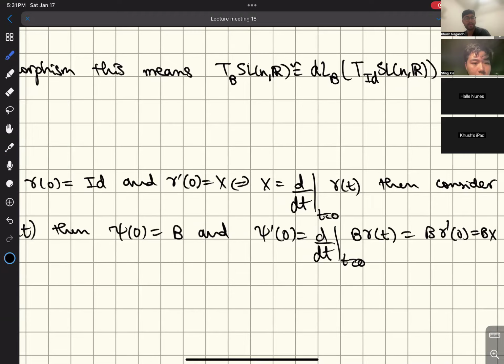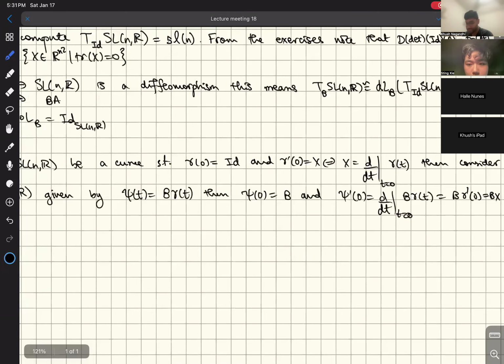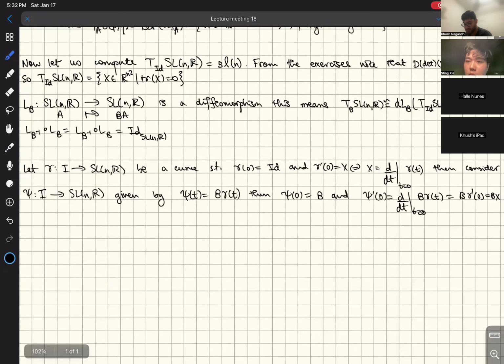So this should convince you that the derivative of left multiplication is just left multiplication again.